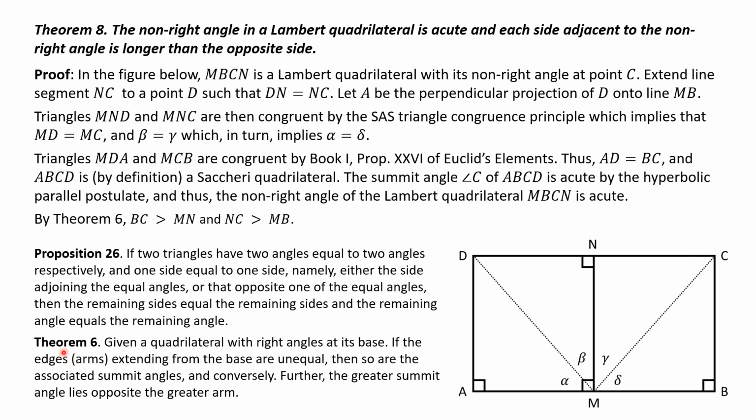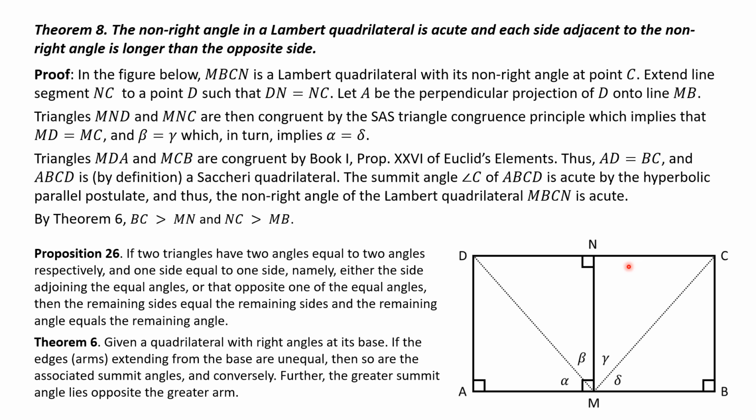The other half comes from theorem 6, which I've restated down here. If you remember, theorem 6 said if we just have a quadrilateral with two right angles, then we had a relationship between the sides, the arms. So first we'll look at this quadrilateral NMBC, where we have a right angle here and here, and this is the base and this is the summit.